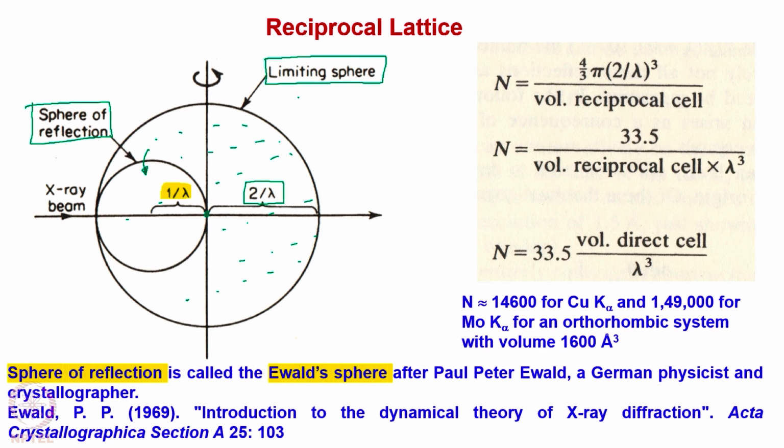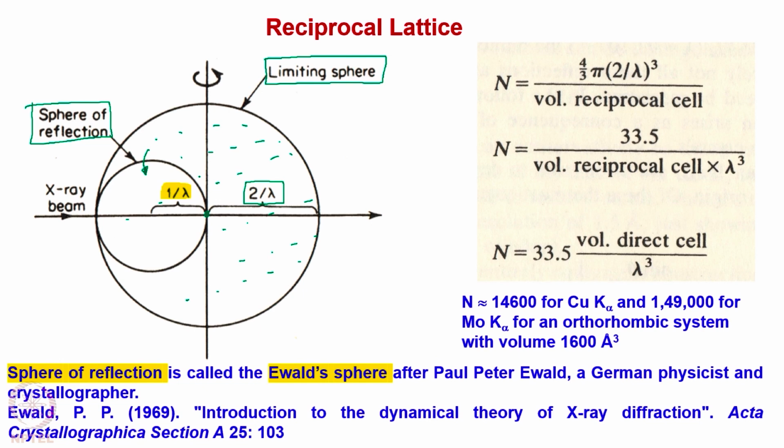So the reciprocal lattice points which come within this limiting sphere, by rotating the crystal in front of the X-ray beam, one can make those reciprocal lattice points pass through the Ewald sphere, and once a point is passing through the periphery of the Ewald sphere, it makes a diffraction happen.